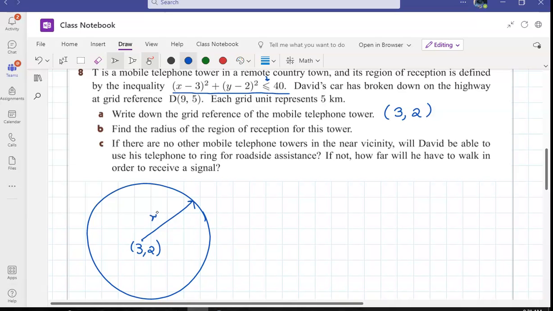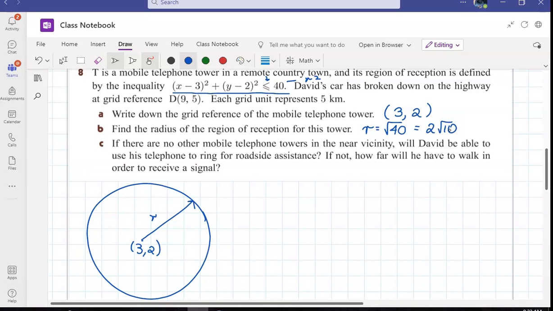I disagree. We're getting there, but remember that this is the radius squared. So what would your radius be? So your radius is going to be root 40, not 40, which is 2 root 10.